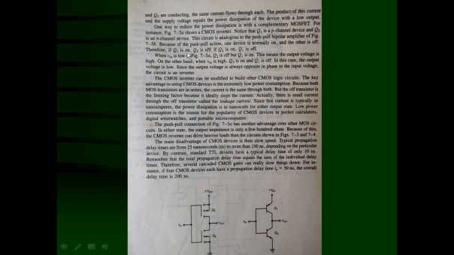Therefore, if Q1 is on, Q2 is off, and if Q2 is on, then Q1 is off. Both the gates are shorted and connected as the input, Vin. Q1 is a P-channel MOSFET and Q2 is an N-channel MOSFET. You can see the push-pull arrangement of the transistors.